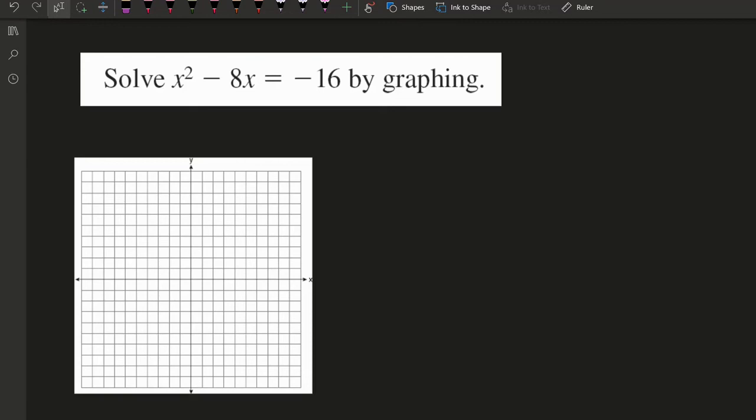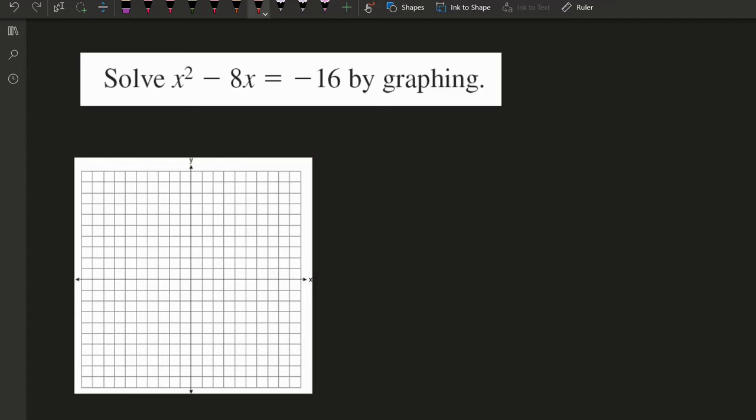So just like last time, I could put a y equals in front of this, y equals x squared minus 8x, and graph y equals -16. However, a lot of us are used to graphing in standard form, which has an a, b, and a c, and it equals 0.